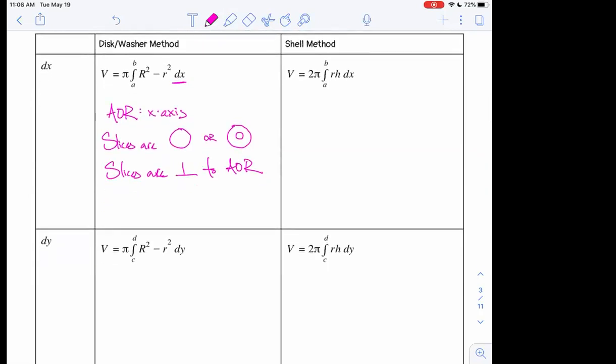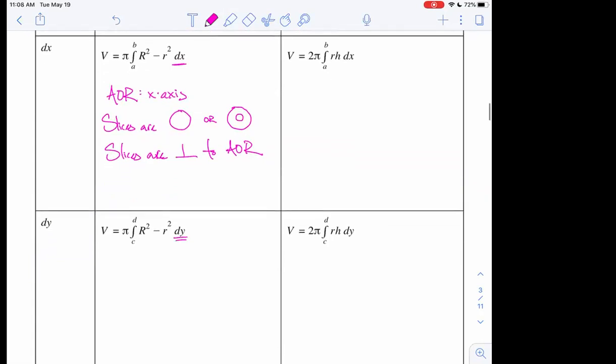Now, if I want to do disc and washer method, but I want to use dy, what does that imply about my axis of revolution? It's going along the y-axis.